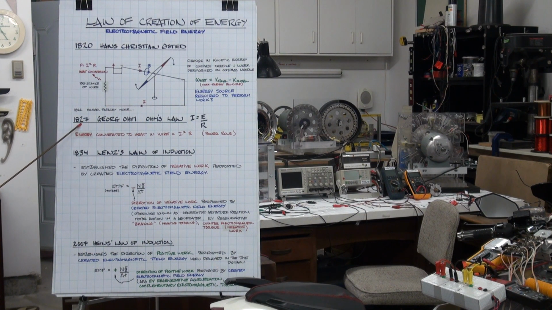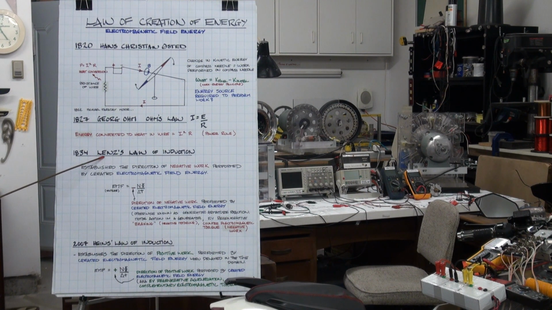In 1827, Ohm formulated Ohm's law, which confirmed the law of creation of energy because it showed where energy is being converted in a current-bearing wire, and also establishing that no energy is being converted in the creation of the magnetic field energy.